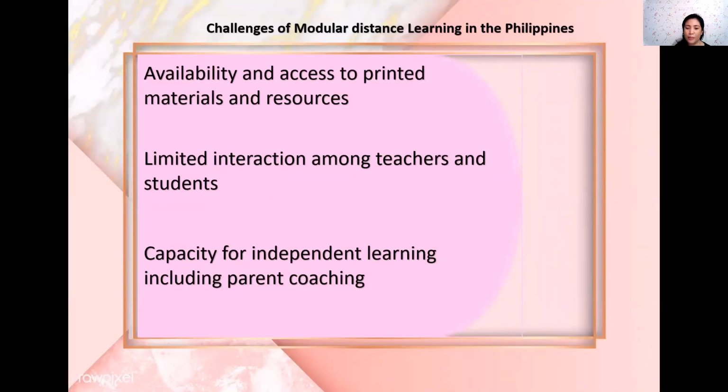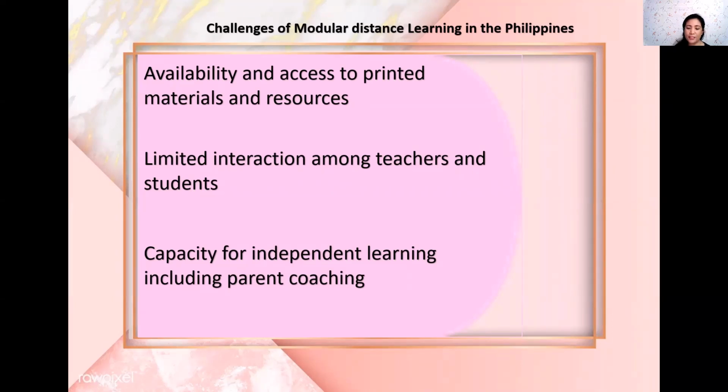Unlike with other division, kailangan nilang tumawid. They need to travel. Kailangan nilang sumakay ng bangka, kailangan nilang tumawid ng ilog, tumawid ng bundok, ng mga dagat, no? Para ma-reach out lang yung mga peoples nila. And they need to do partnership with the private sectors and the LGU to deliver the printed modules.